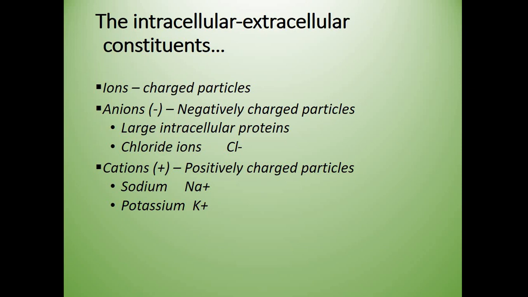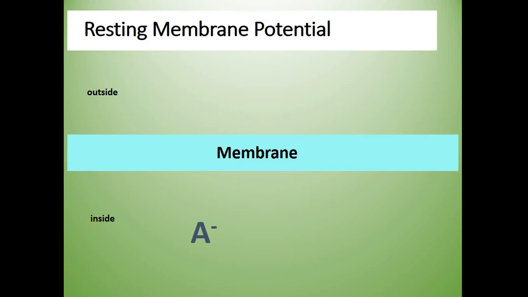So we have the concentration of negatively charged particles or anions, which include large intracellular proteins and chloride ions, while the cations, which are positively charged particles, have major constituents as sodium and potassium.